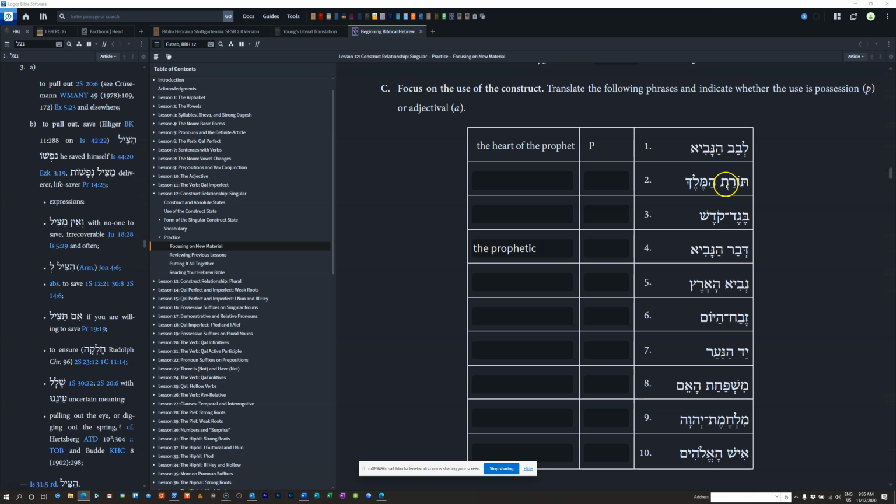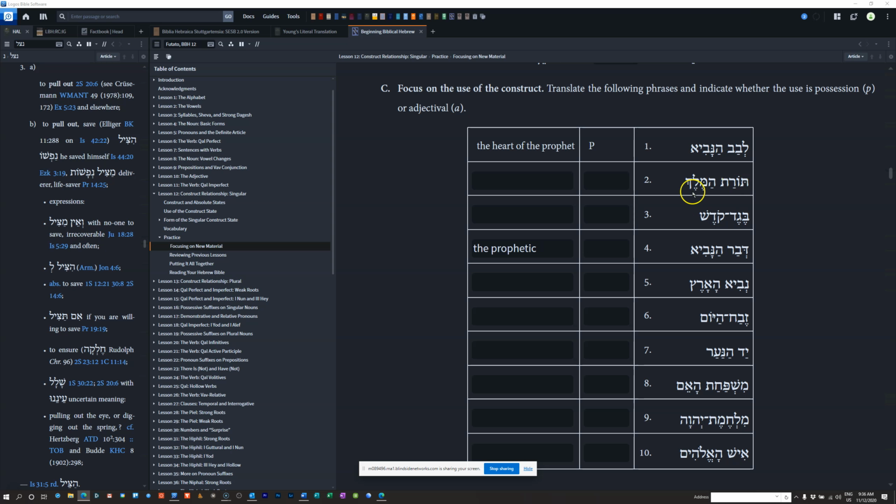So here, this would be the instruction that the king gave, or something like that. If we say the king's instruction, or the instruction of the king, we're basically talking about the instruction that comes from the king. He's the one instructing.